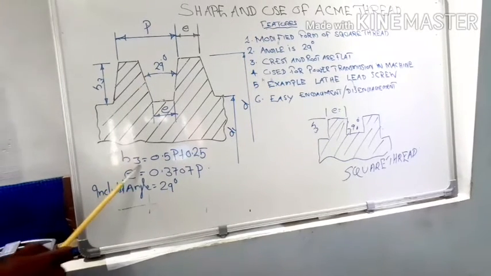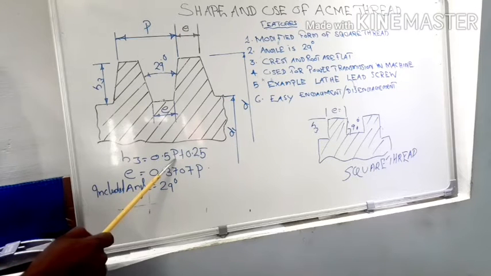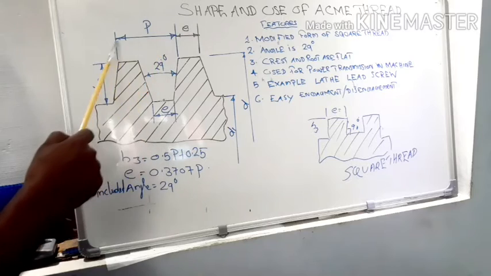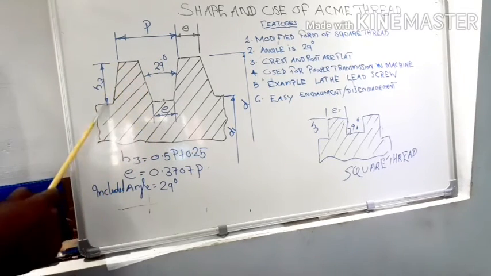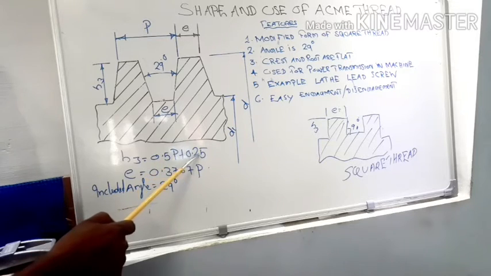The value of H3 is given: H3 is 0.5 P plus 0.25. What is P? P is the pitch, the distance marked here. That means H3 is 0.5 pitch plus 0.25.